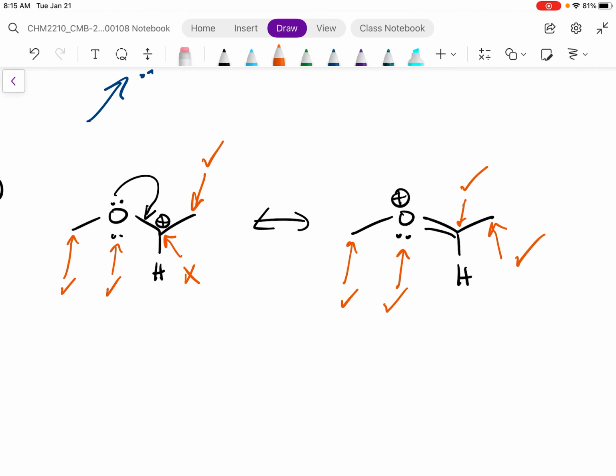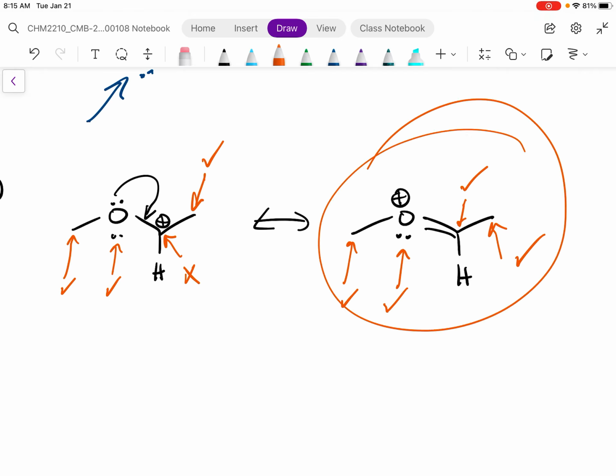So when comparing the two, this one is going to be the most significant resonance structure. Because that's the first rule. Most number of octets. Now these rules, 1 through 4, you have to evaluate a problem in the order that I'm teaching you it. So you have to start with rule 1, look at octets.